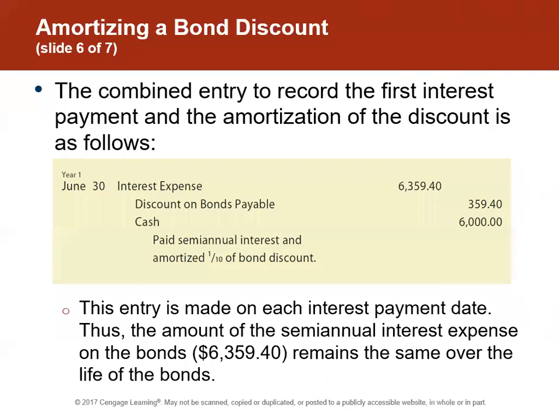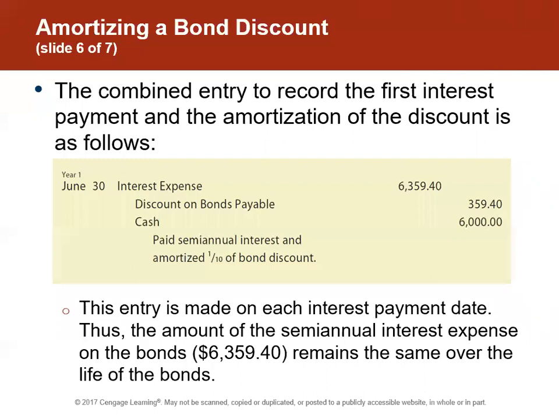So 100,000 times 6%. So we're paying them $6,000 in interest, and then we recognize $359.40 as 1/10 of the discount. We add those two together, so the total interest expense is $6,359.40. So that value on the discount, we never received it, but we're going to end up paying it back.